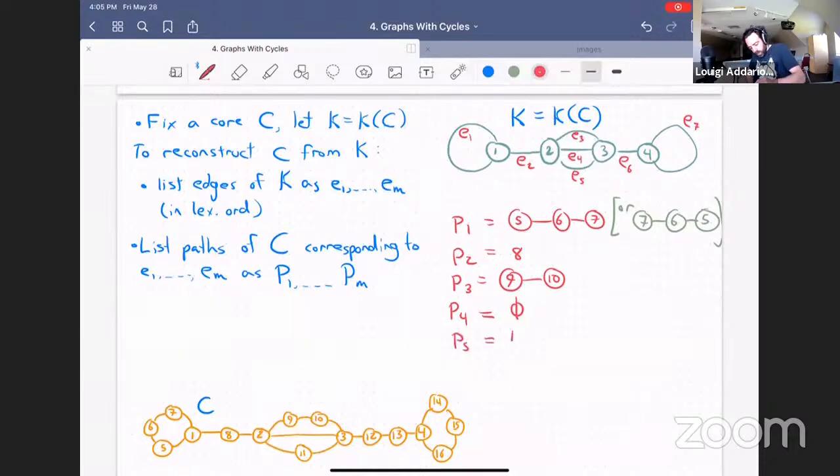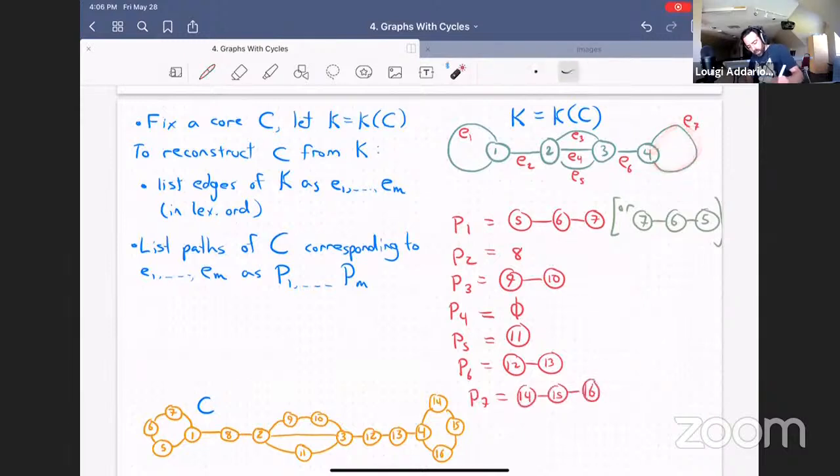P5 is just the vertex 11. P6 is 12, 13. And P7 is 14, 15, 16. And again, there's a warning, because this is a loop, I could have listed that in the reverse order, 16, 15, 14, and it would have corresponded to the same reconstruction.